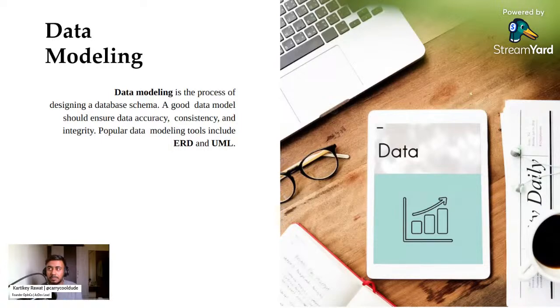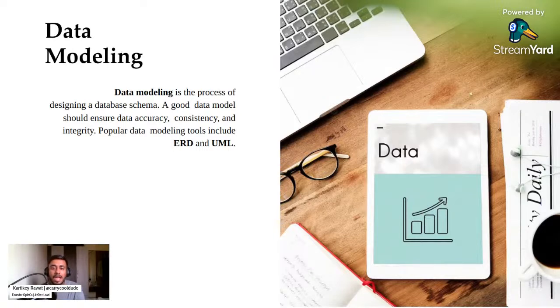For example, roll number is our primary key. So how are we connecting one table to another? Data modeling is the process of designing the whole thing. A good data model should ensure data accuracy, consistency, and integrity.